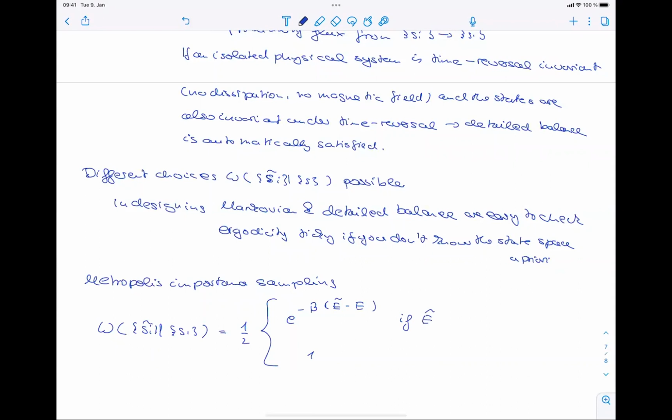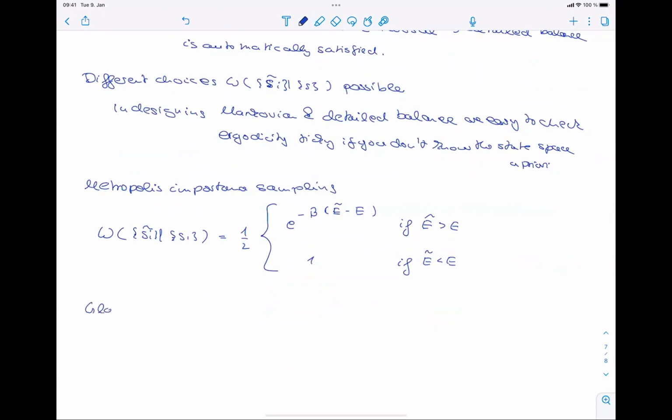If the energy of tilde is bigger, I'm less likely to go to a higher energetic state, and if the energy of the tilde state is lower, then I totally go there with probability 1.